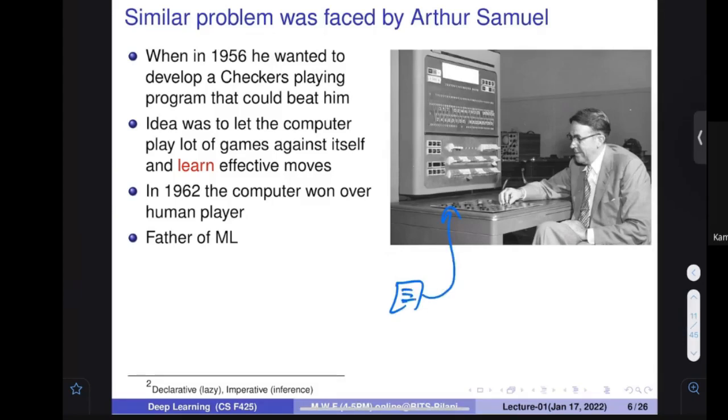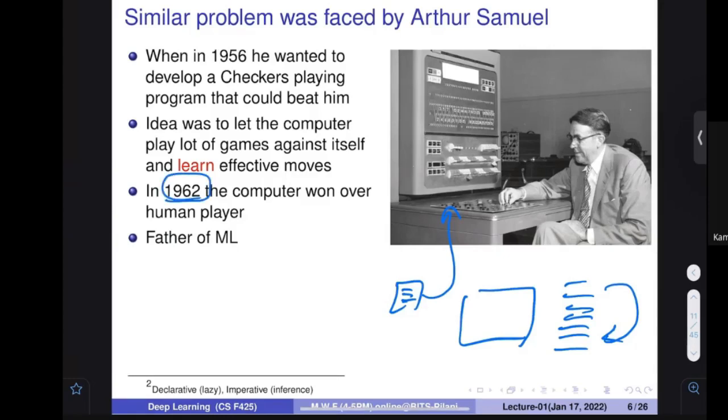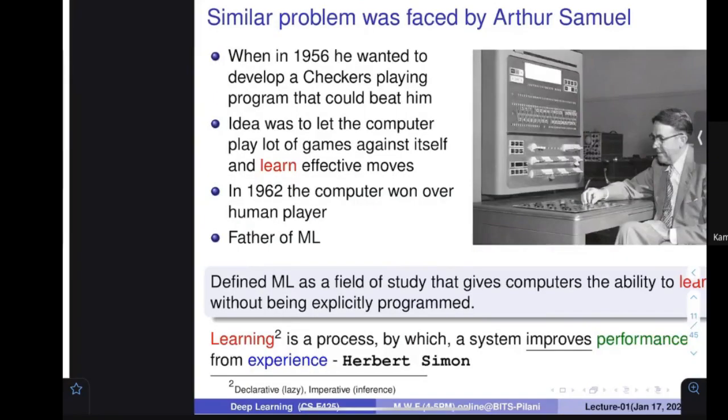Why not let the computer by itself generate various different board positions and learn what is best for it to win this particular match? Because a computer can enumerate an enormous number of such possibilities, and it can gain the knowledge in a very effective way. So around 1962, he was able to make a system which was automatically able to learn, and this system actually won over a human player. That's why Arthur Samuel is called the father of machine learning.